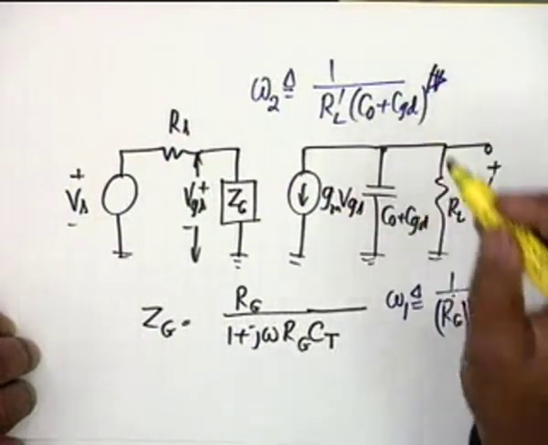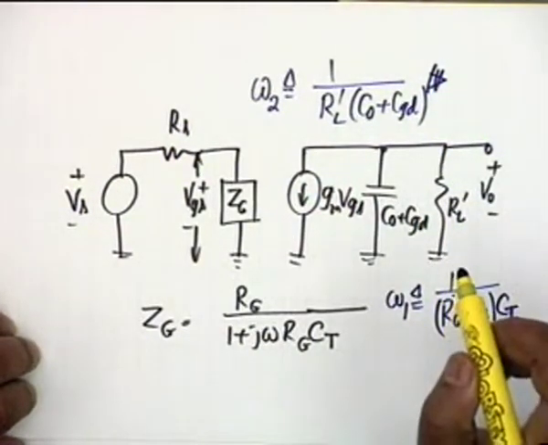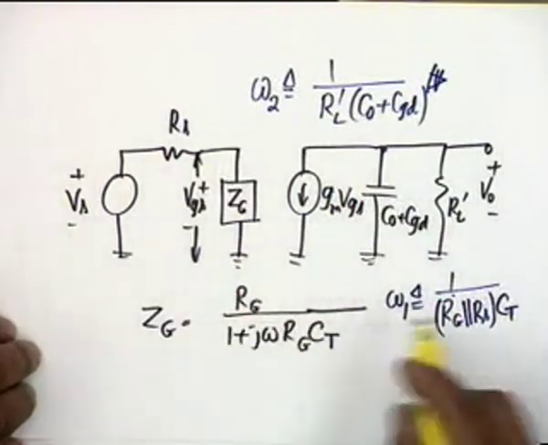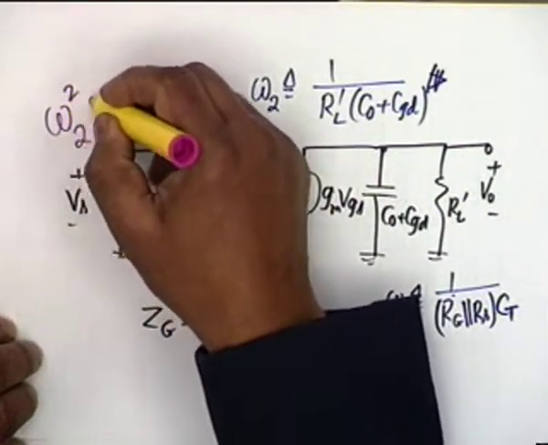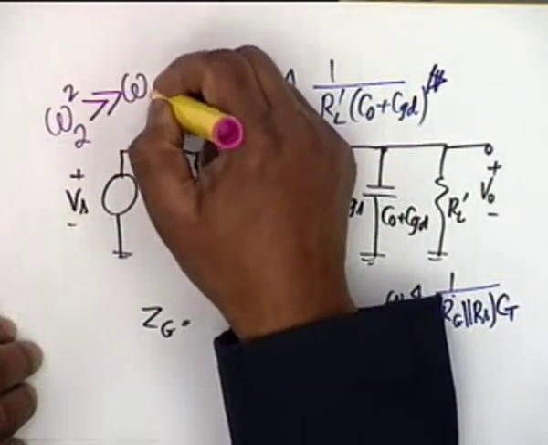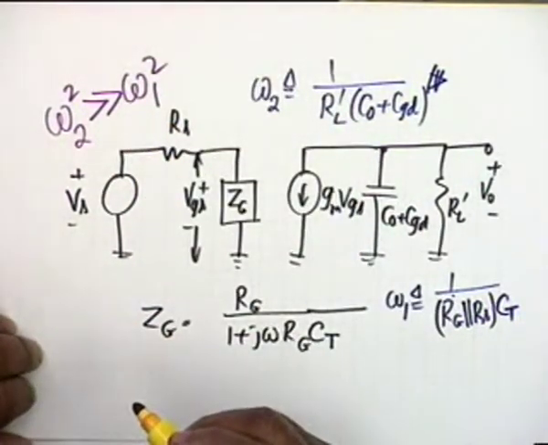No, that may not happen. What should happen? Omega 2 squared, let me write it in a brighter color. Omega 2 squared will be much greater than omega 1 squared.